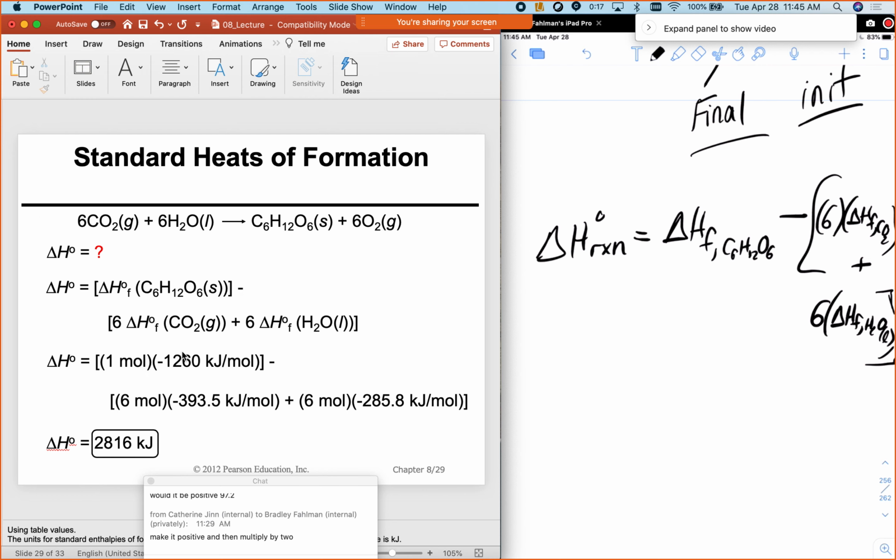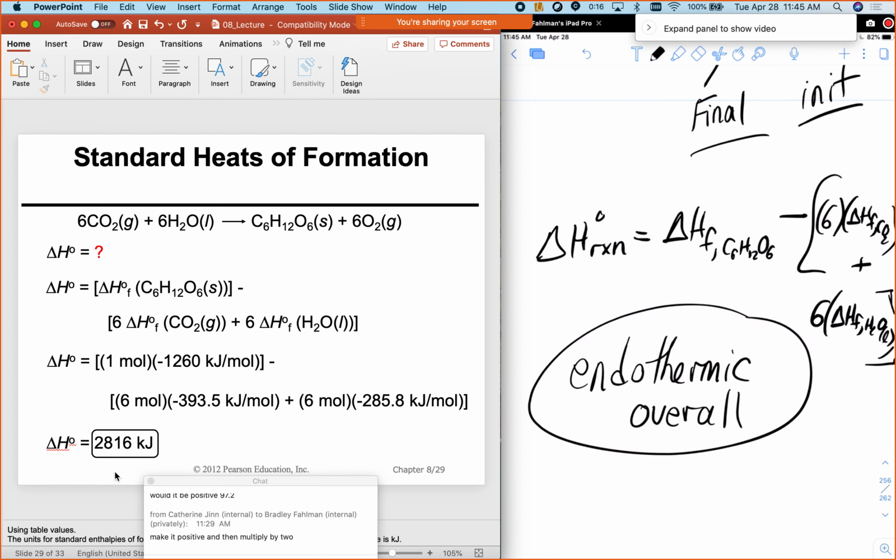Plugging in those actual values, this is what I just wrote earlier. It's just the product, that's 0, so just one product minus all of these ones. You plug it in, and it's that minus the reactants, and you end up with overall an endothermic reaction.